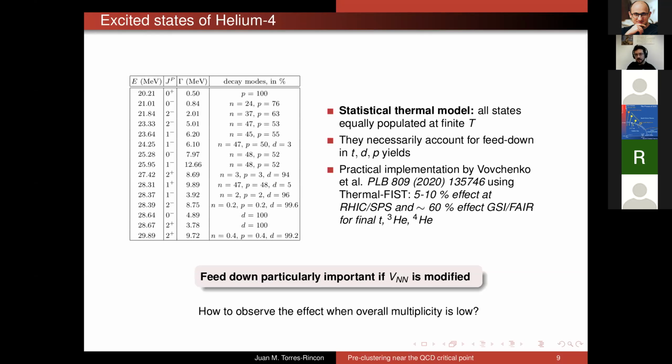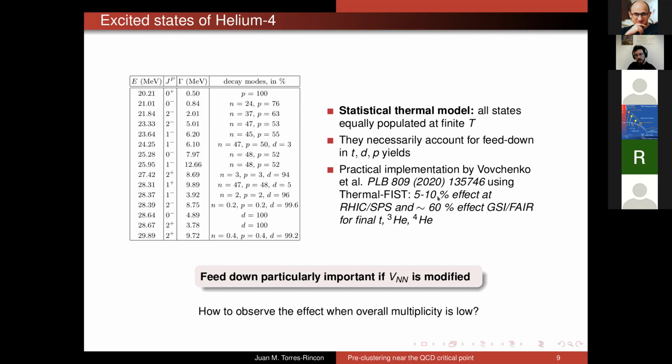Now, the practical implementation was done by Vovchenko and collaborators this year. They found that the effects of the excited states, not only of helium-4 but also of other nuclei, are a small effect at top SPS and RHIC energies, of 5 up to 10%.